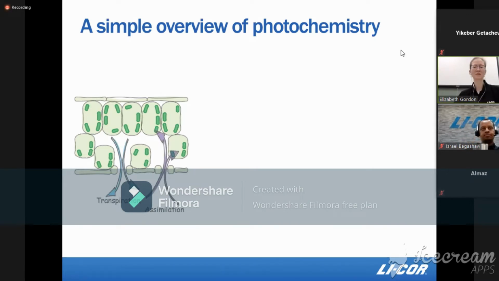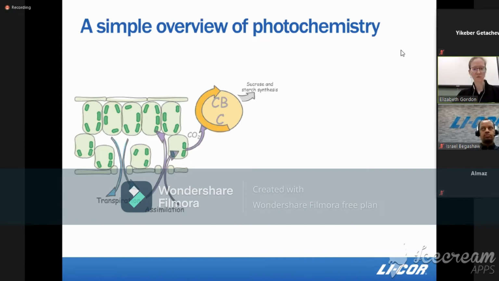Photochemistry is in large part transpiration, which is water coming out, and assimilation, which is CO2 going in. From that basic transpiration and assimilation, we can also start to think about the Calvin-Benson cycle, which is also called the Calvin-Benson-Bassham cycle, and the photosynthetic carbon reactions.